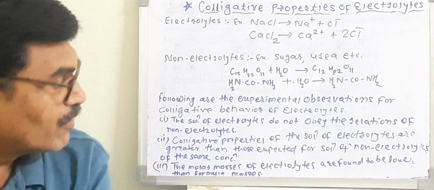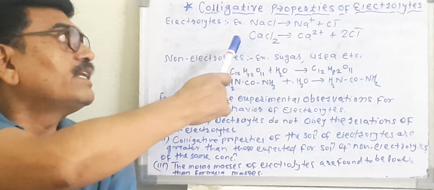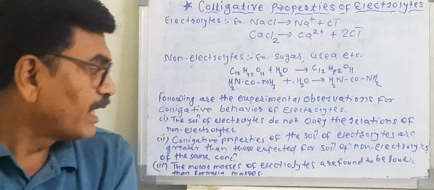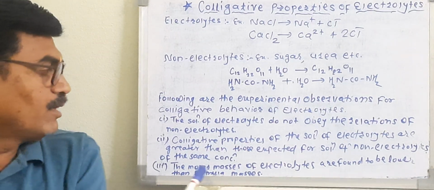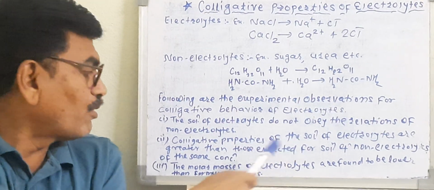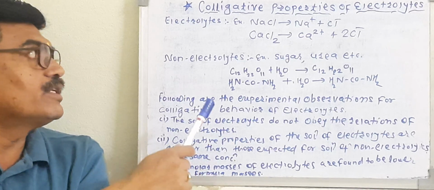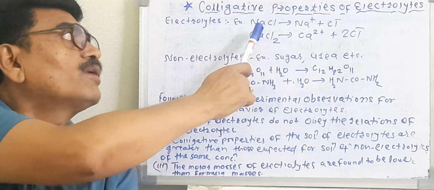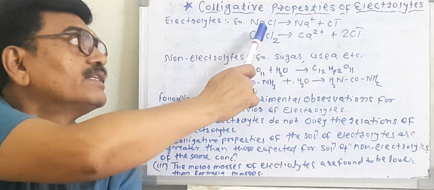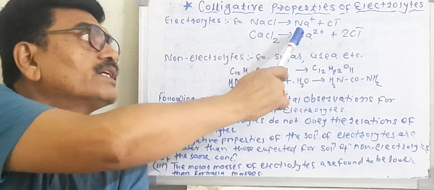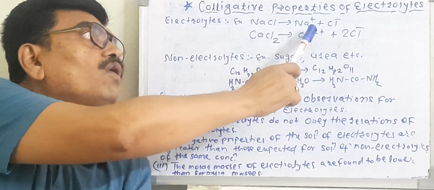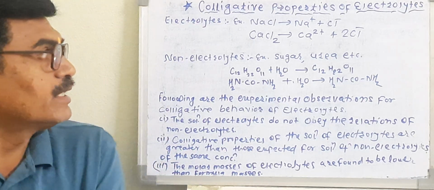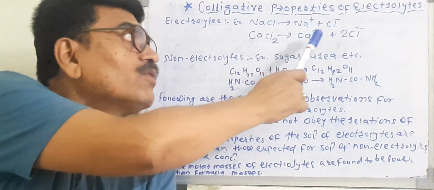This is because electrolytes dissociate or ionize into ions. For one formula unit of NaCl, when this electrolyte dissociates, it produces two or more ions in the solution, and therefore the number of ions increases.